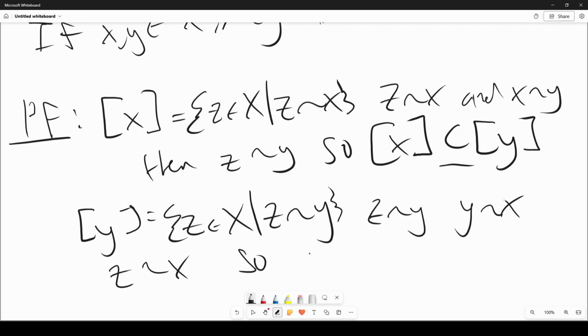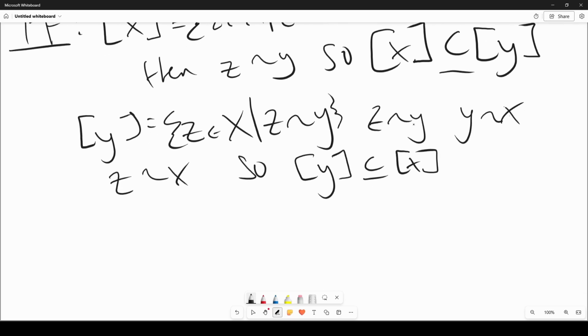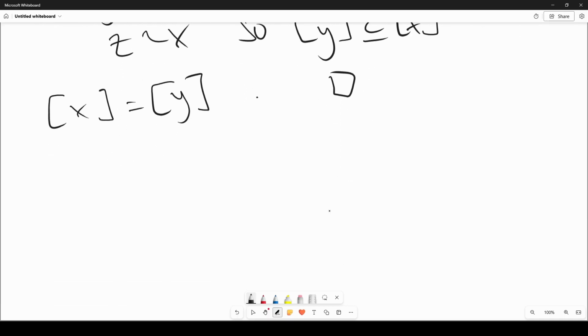So I get that the equivalence class of y is also a subset of the equivalence class of x. But since I have both of these directions, that just means the equivalence class of x equals the equivalence class of y, as desired.